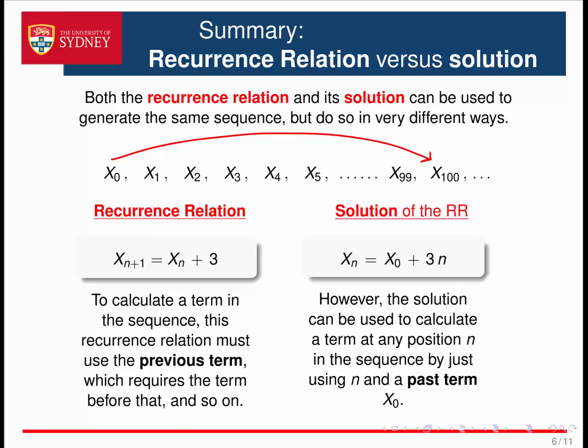This can save a lot of work. In summary, this solution is different to the recurrence relation because it can be used to calculate a term xn at any position n in the sequence by just using n and the past term x0.